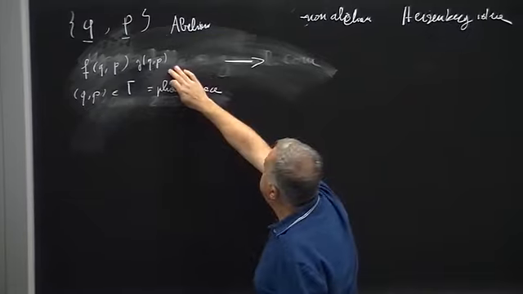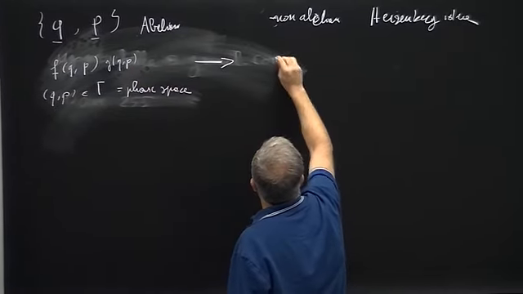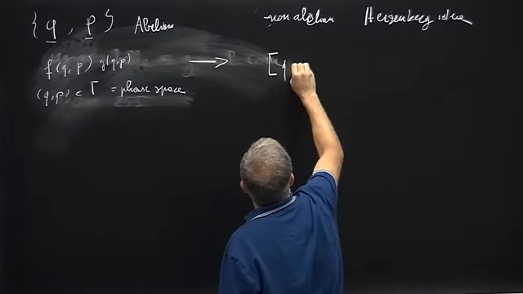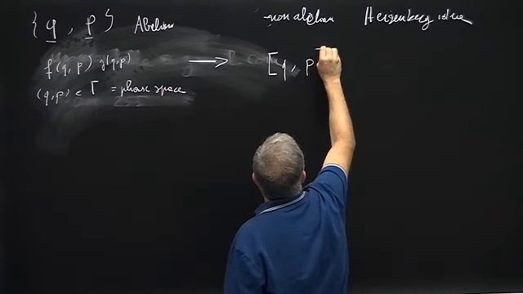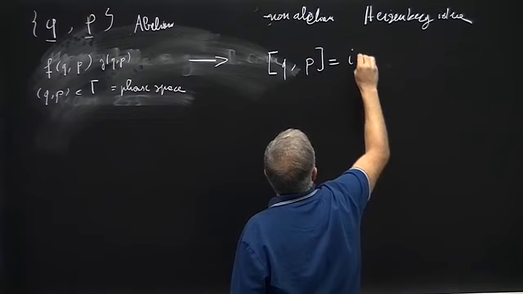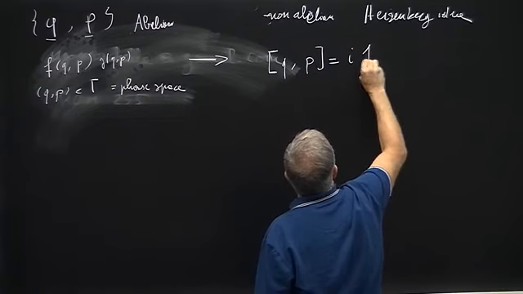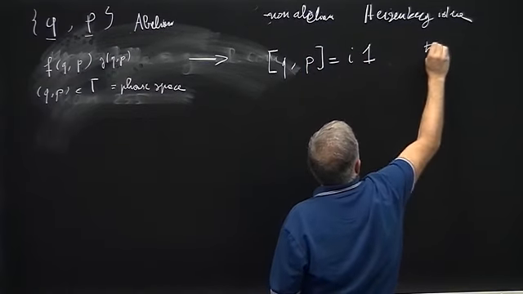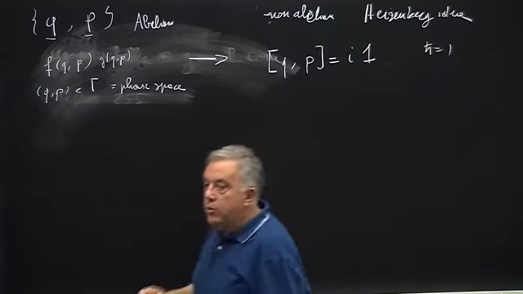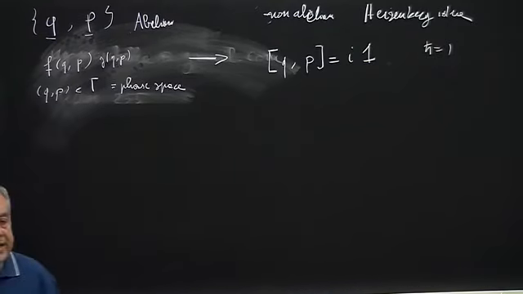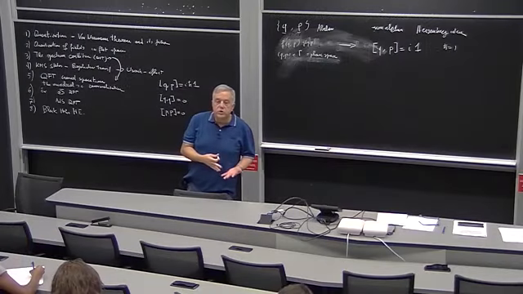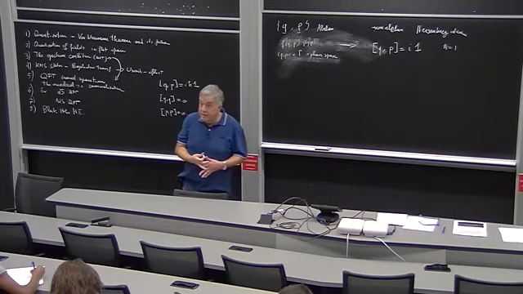The observables are not functions. The Poisson brackets have to be replaced by commutation relationships. I put h bar equal to 1 here. And why? Because it is impossible to precisely measure position and momentum at the same time.